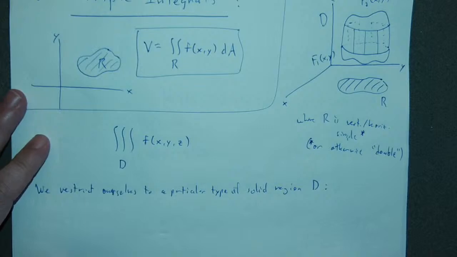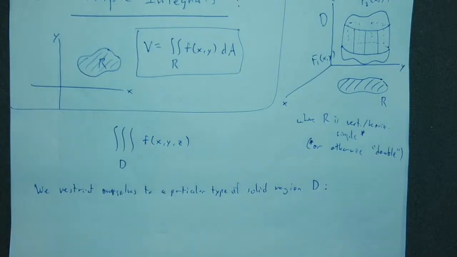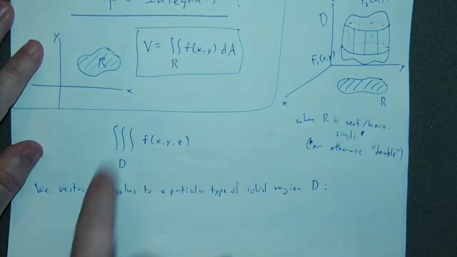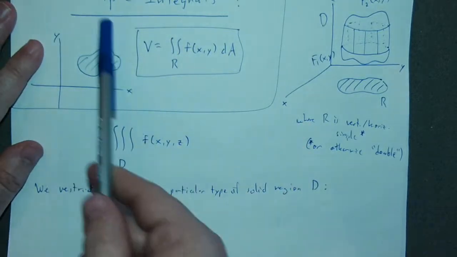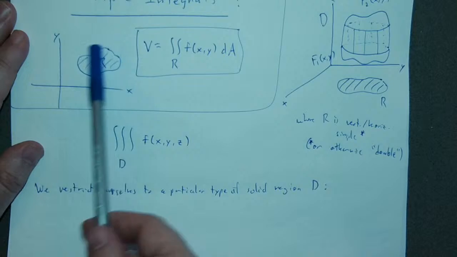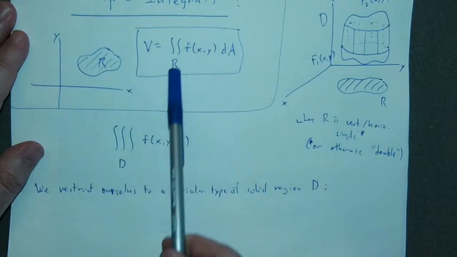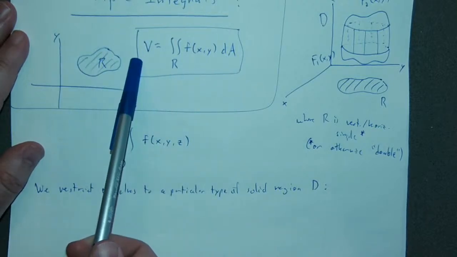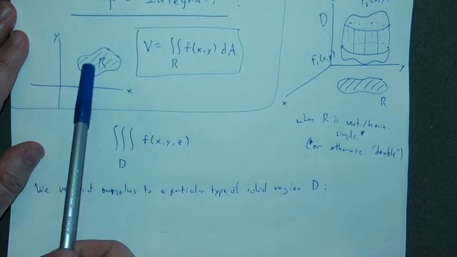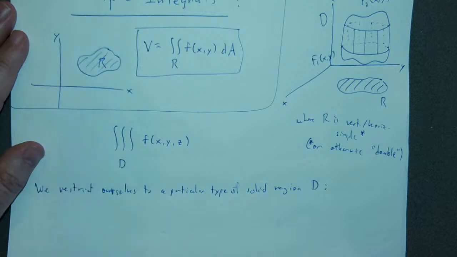But you might have a couple of questions, namely, I'm doing this as an analog to what I did here. This double integral computed a volume of a solid region that sat over this region R. Here, the region we're integrating over is a solid region. So what is this computing?